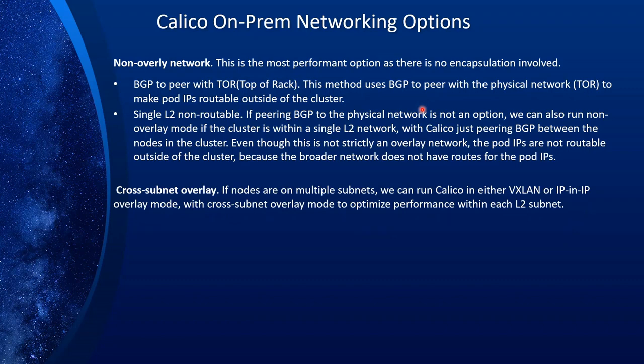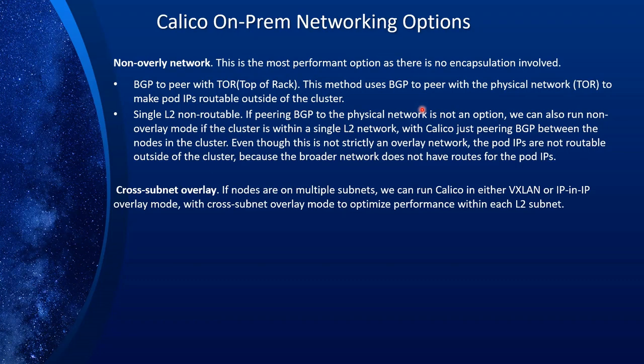If we are in a situation where we have our nodes on multiple subnets, then there's another option called cross subnet overlay. And basically, the way it works is it configures it in a way that for the nodes that are on the same subnet, it won't use any encapsulation.